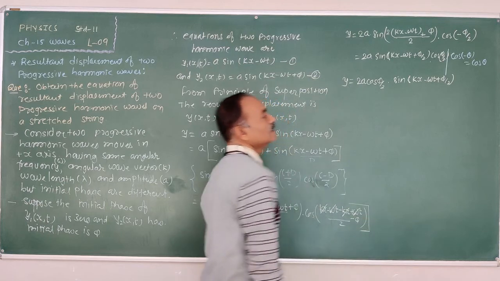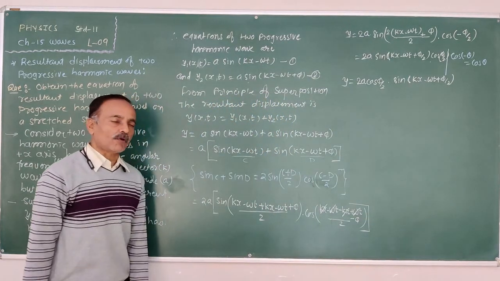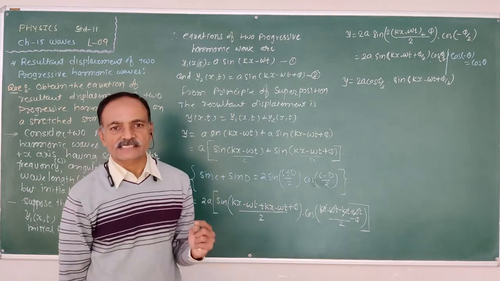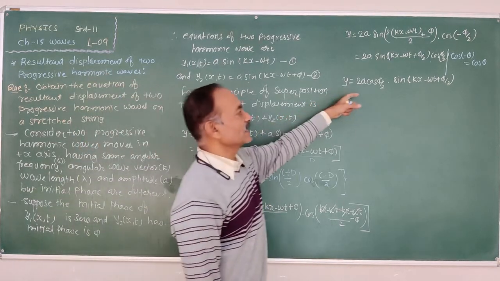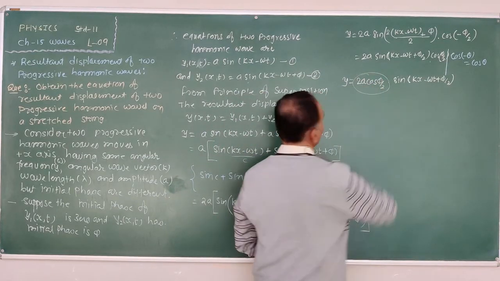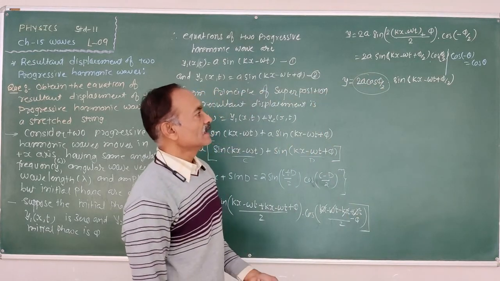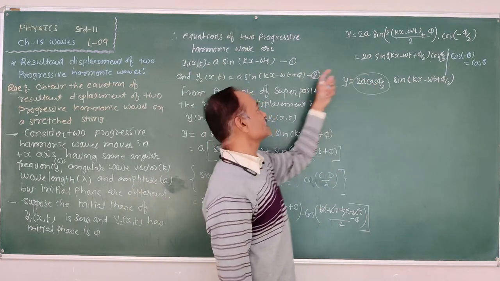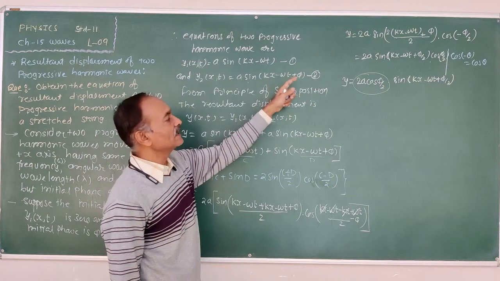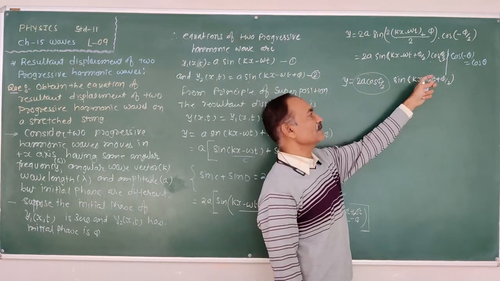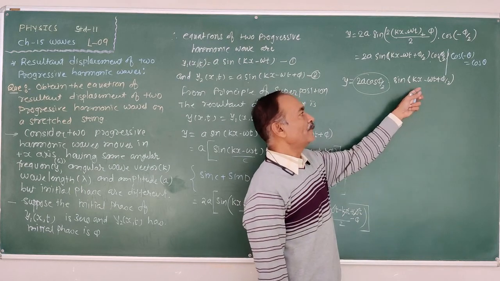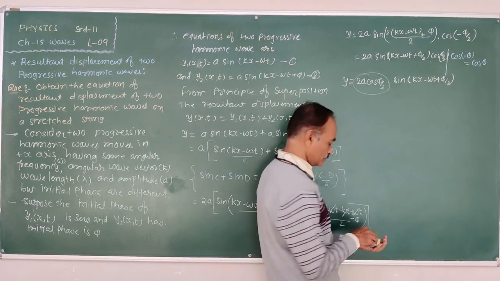This is the resultant displacement of the two harmonic waves superposed on a straight string. That also represents a harmonic wave, whose amplitude is 2a cos(phi/2). The form of this displacement is the same as y = a sin(kx - omega t + phase). So sin(kx - omega t + phi/2) is also a progressive harmonic wave.